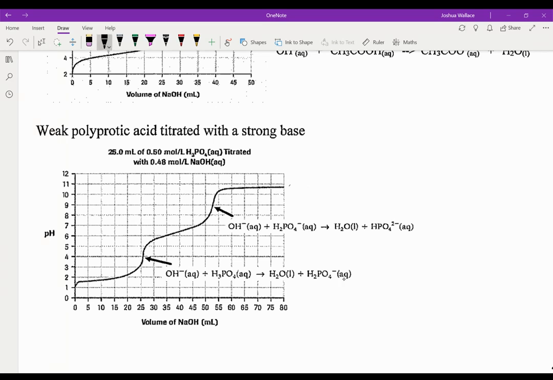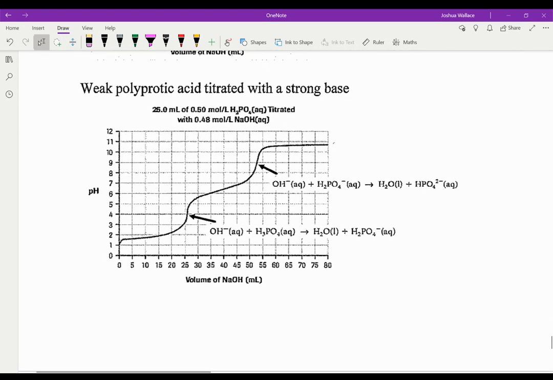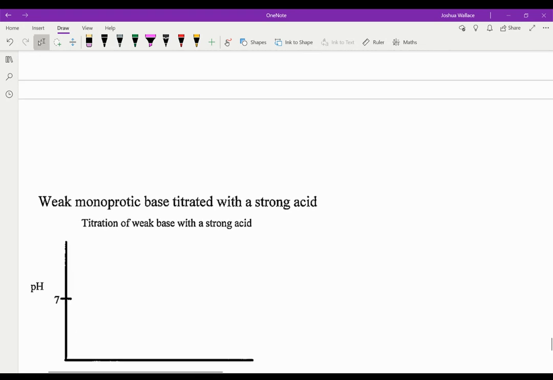So H3PO4 will react, and then H2PO4 can react. And then HPO4 will also react as well, but it does not want to react. It is such a weak acid. All right, so that's a weak polyprotic acid titrated with a strong base.